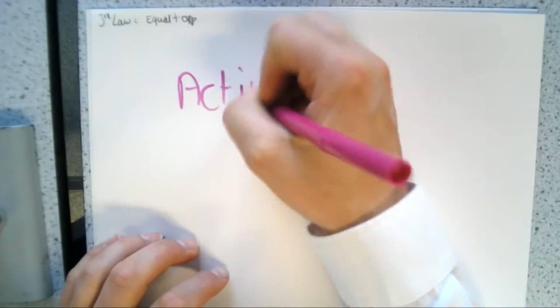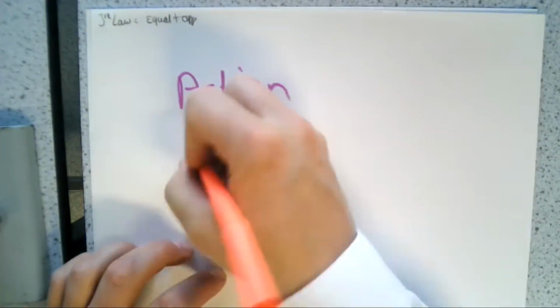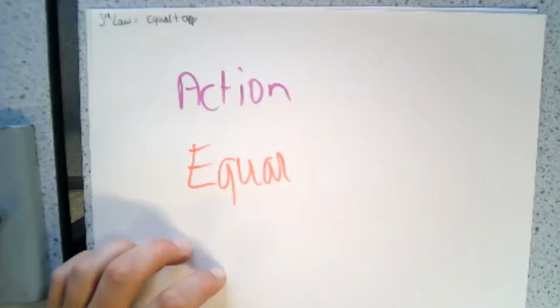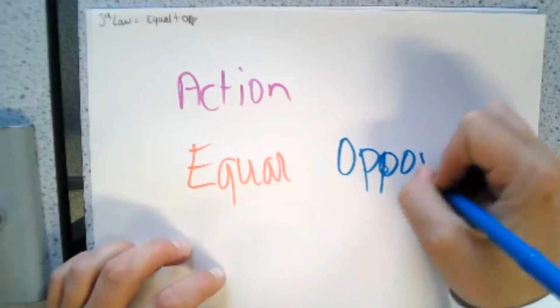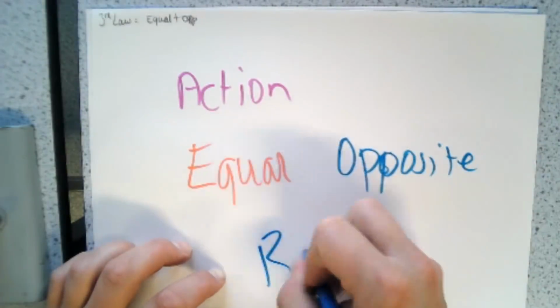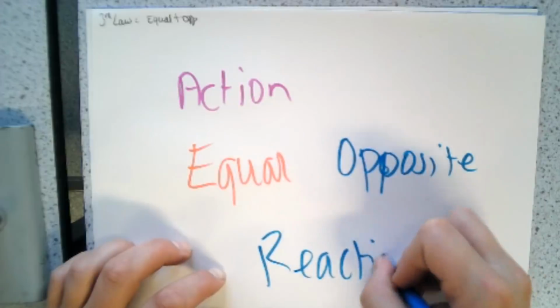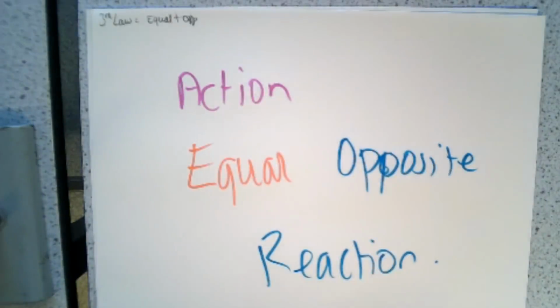Okay, third law. Every action has an equal and opposite reaction. Examples that are used in exams are people ice skating.